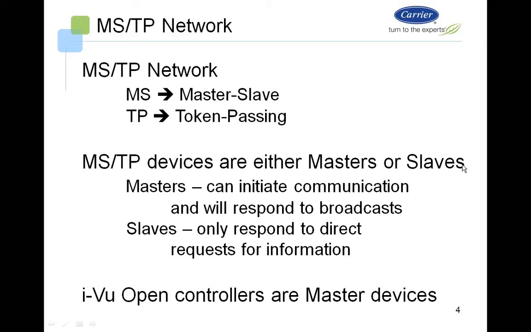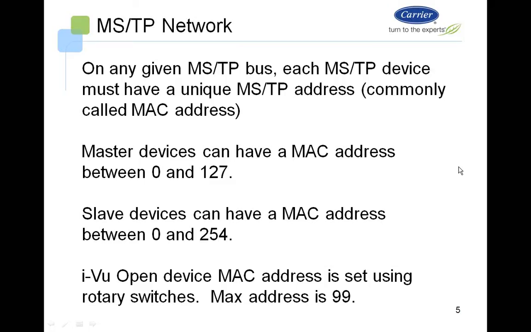On any given MSTP bus, each MSTP device must have a unique address on that MSTP network, and that address is commonly referred to as a MAC address. For master devices, that MAC address can be in the range of 0 to 127. Slave devices, on the other hand, can have a MAC address in the range of 0 to 254.